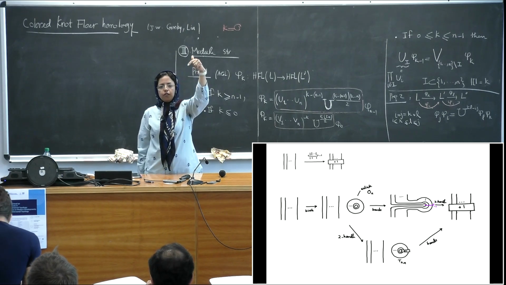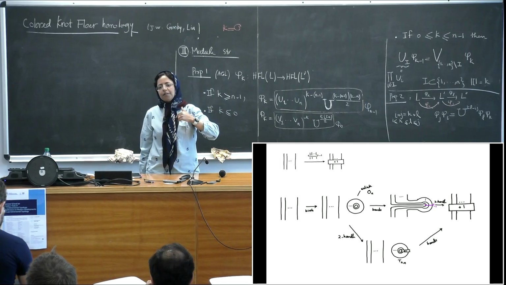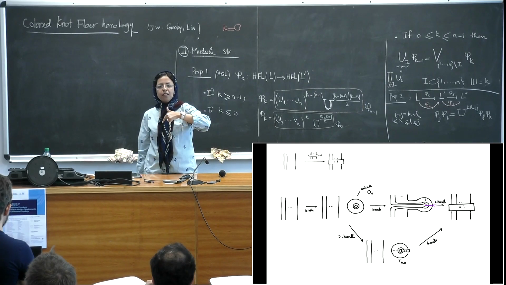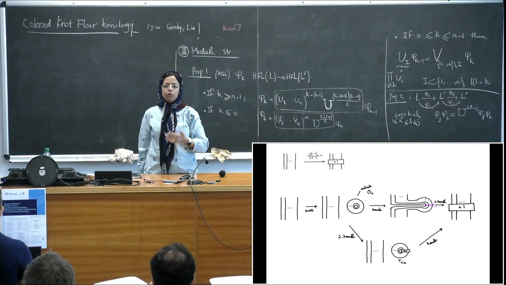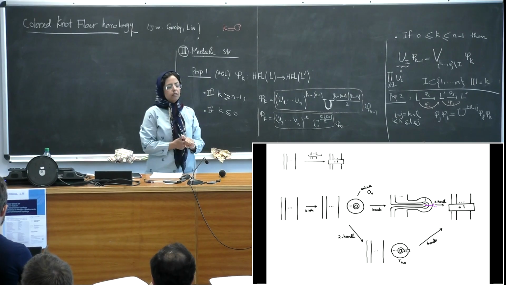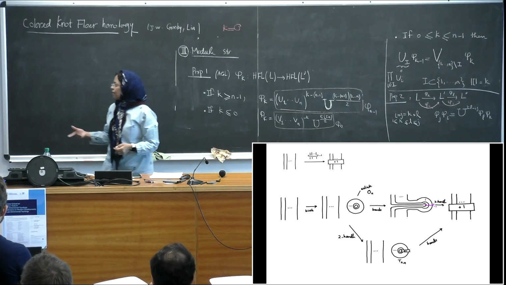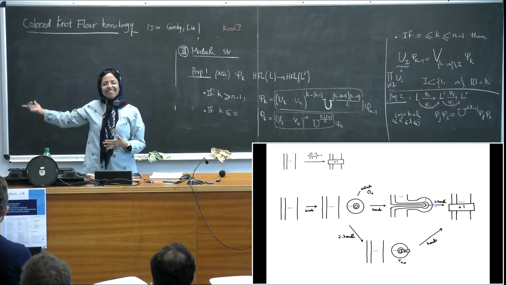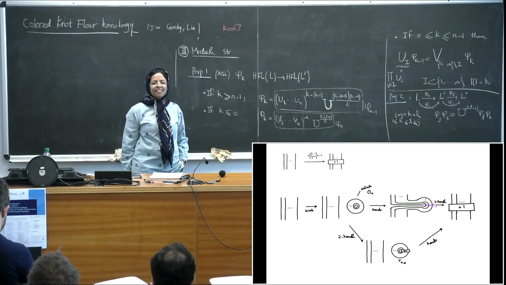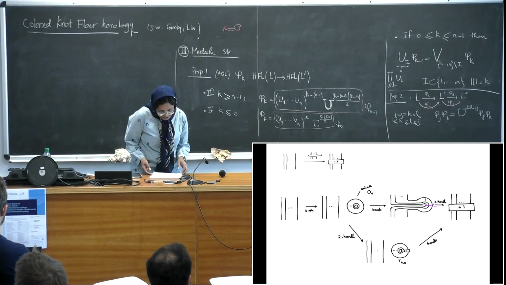So if you compute the grading shift of your map, then you know where you will end up in your link Floer homology. These are like L-space knots. Other questions?